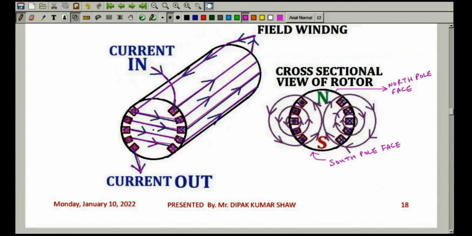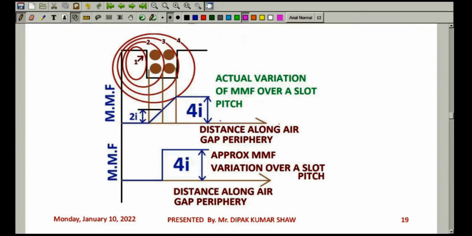Now let us go to the new diagram. I am recapitulating this: the variation of M.M.F over a slot pitch. You can see these are the slots.